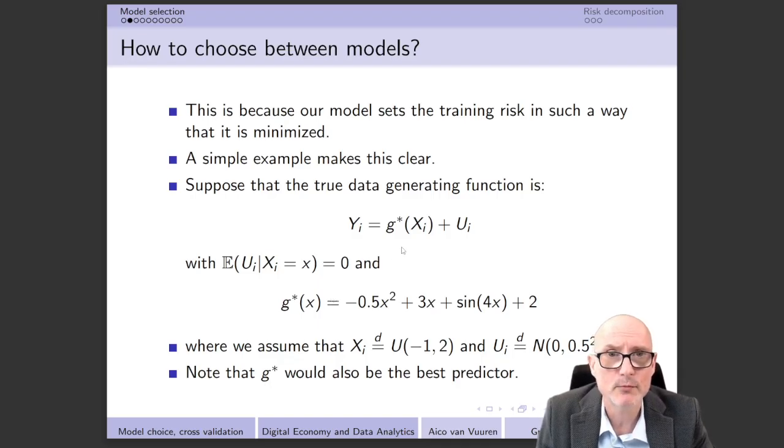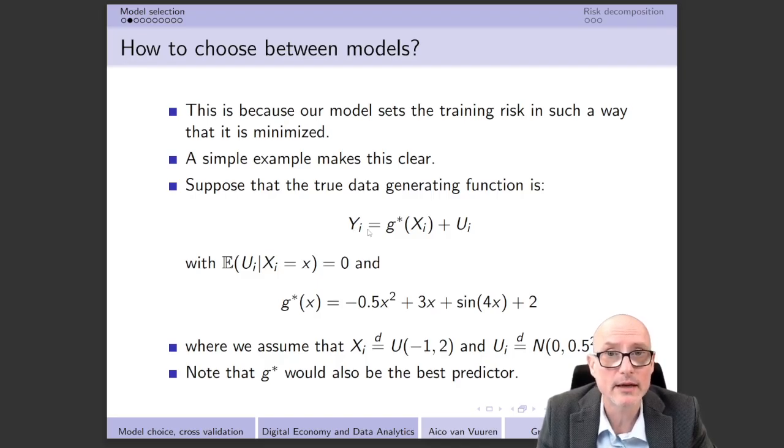That's for the simple reason that we already know that when we use the quadratic loss function, the best predictor is the mean of yi conditional on xi equal to x, at least when this yi is continuously distributed. Well, that we can calculate in this case based on this model that we have over here.